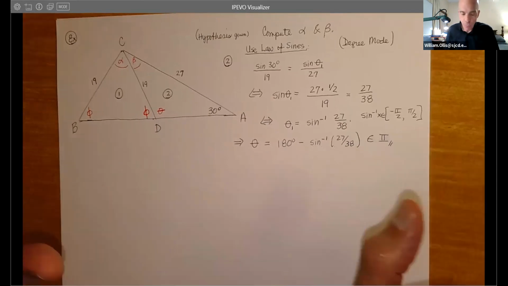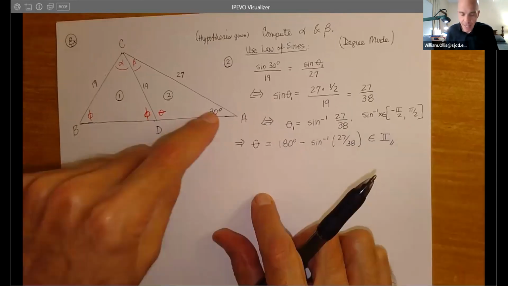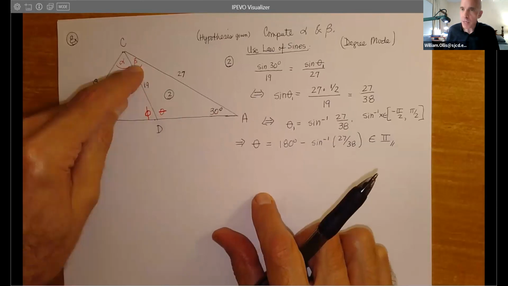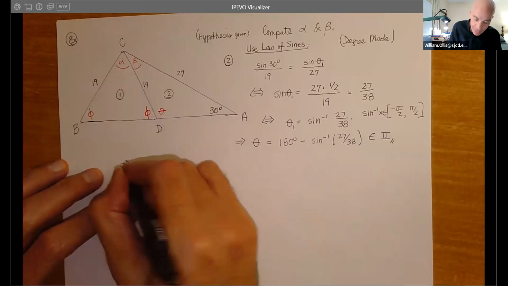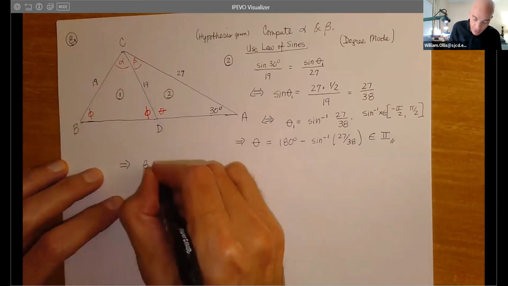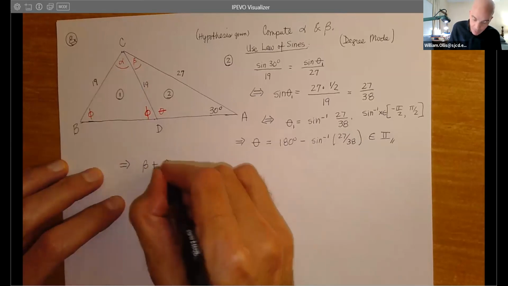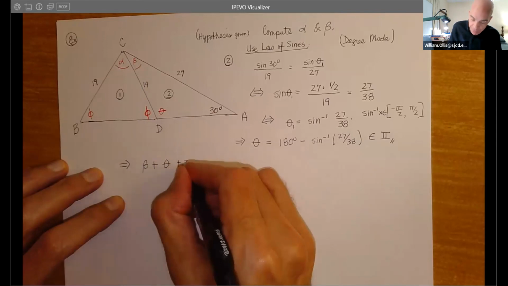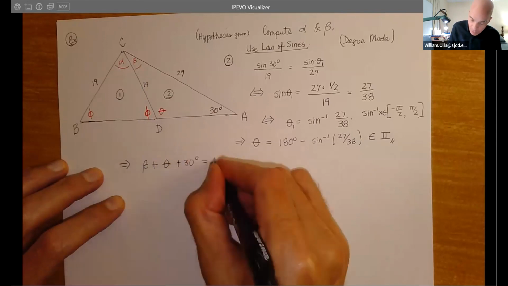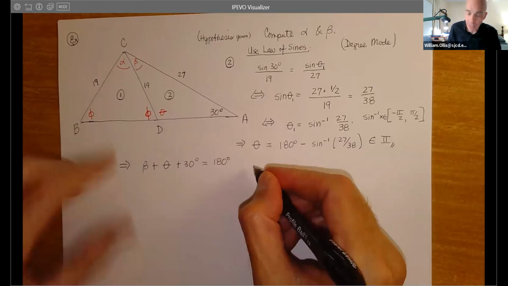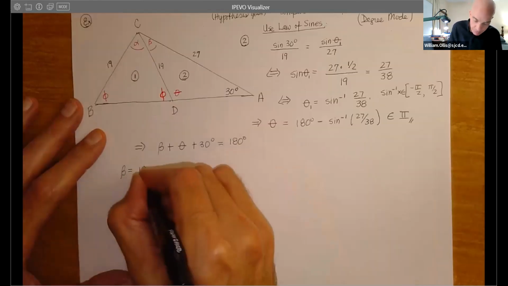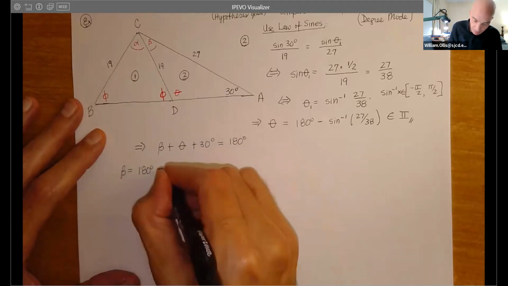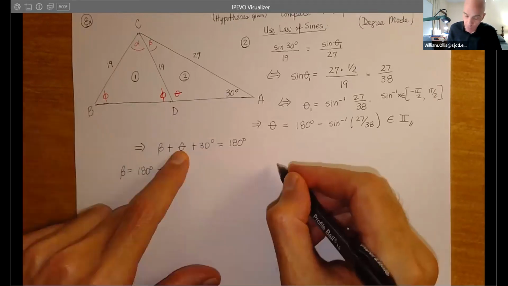And so now we have this angle, and we know that the sum is 180 degrees. So now this implies that beta plus theta plus 30 degrees equals 180 degrees. So we can easily solve for beta. So beta equals 180 minus, now we can go ahead and substitute for theta.